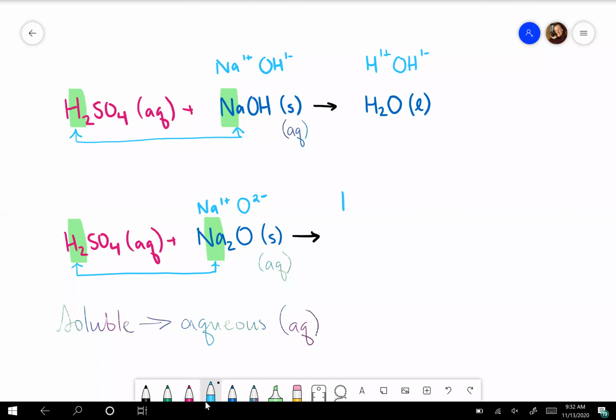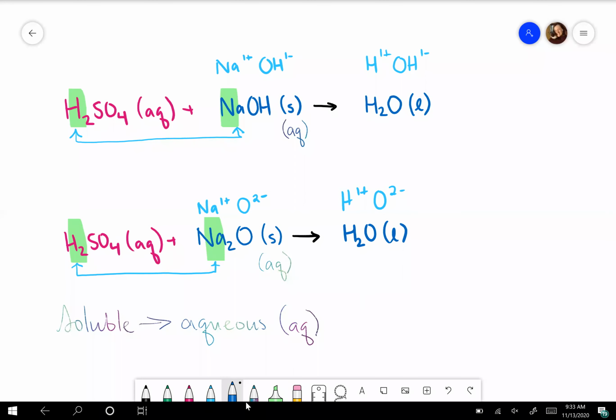I have H1+. This time I have O2-. So what's the product here? Nice, exactly. It's H2O, it's water again. And so that's also going to be a liquid at room temperature.